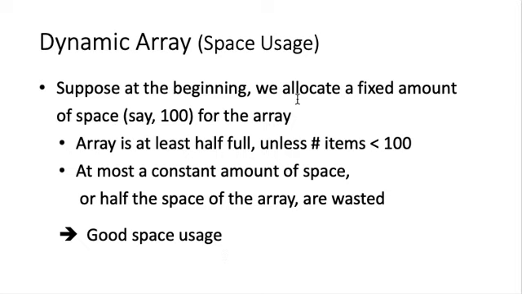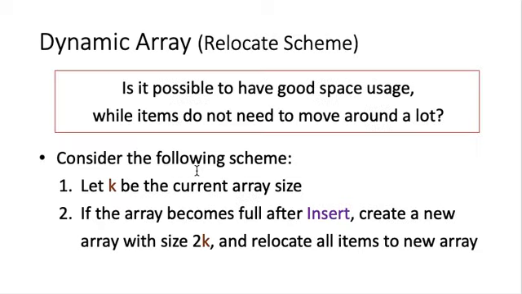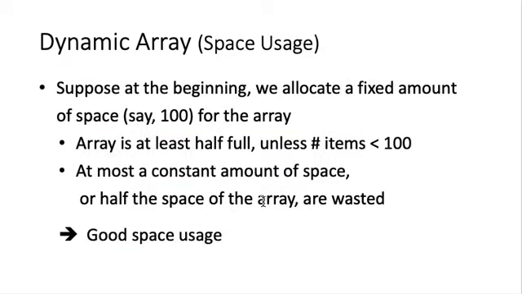And suppose that at the beginning, we allocate a fixed amount of space, let's say 100 units of space for 100 items. So what we know here is if we apply this scheme, the array will normally be at least half full, unless we are in the initial state where the number of items is less than 100.